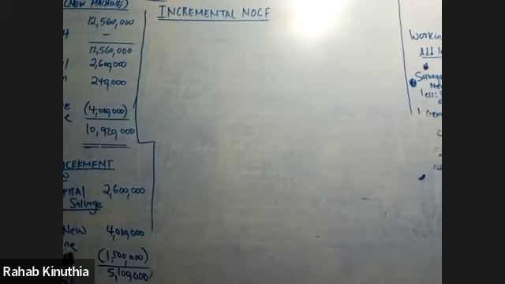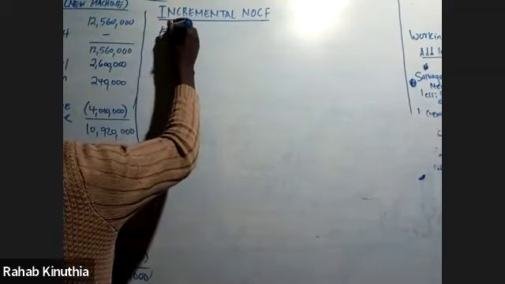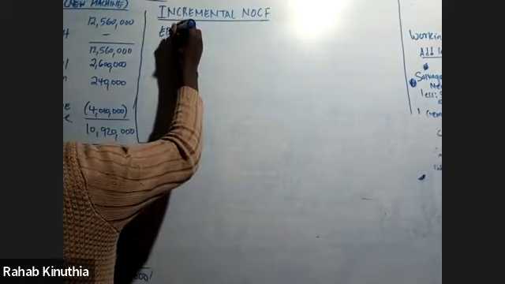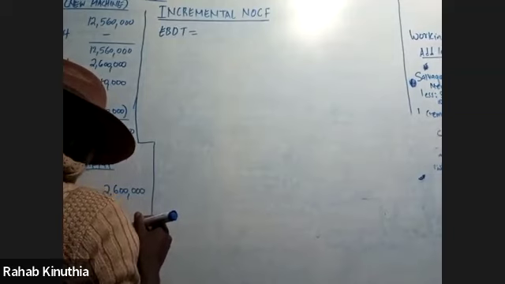Sawa. So this one, according to the question, our cash flows haijaanzia kwa sales. In this case, imeanzia kwa earning before depreciation and tax. So pale wametuambia earning before depreciation and tax. So imeanzia hapo.